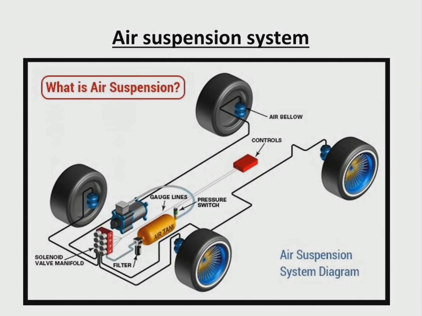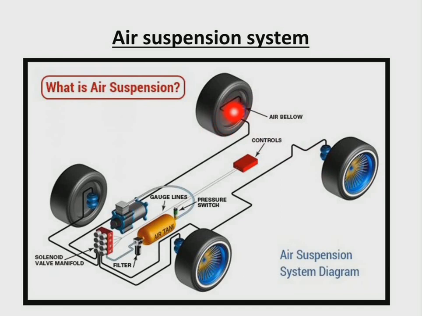This is a schematic diagram for an air suspension system. You can see that each wheel is independently connected. In the figure, there is an air tank in the center, an air compressor, and a solenoid valve which gives air supply to each separate wheel.